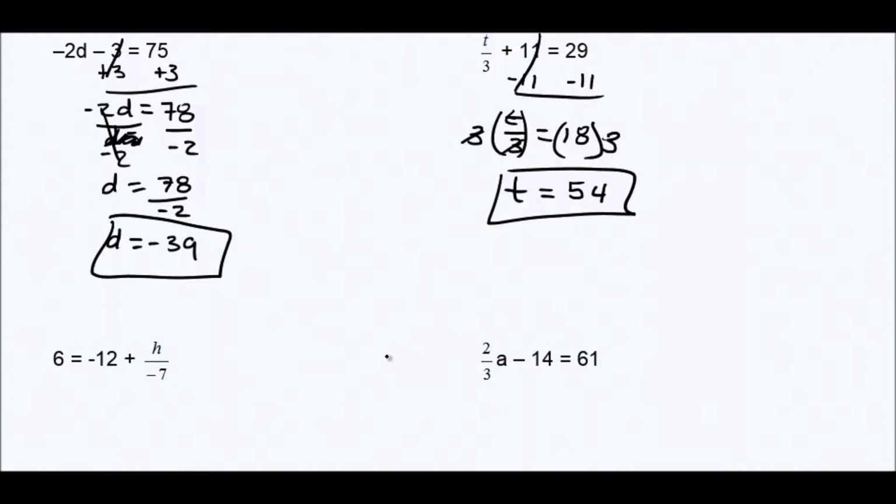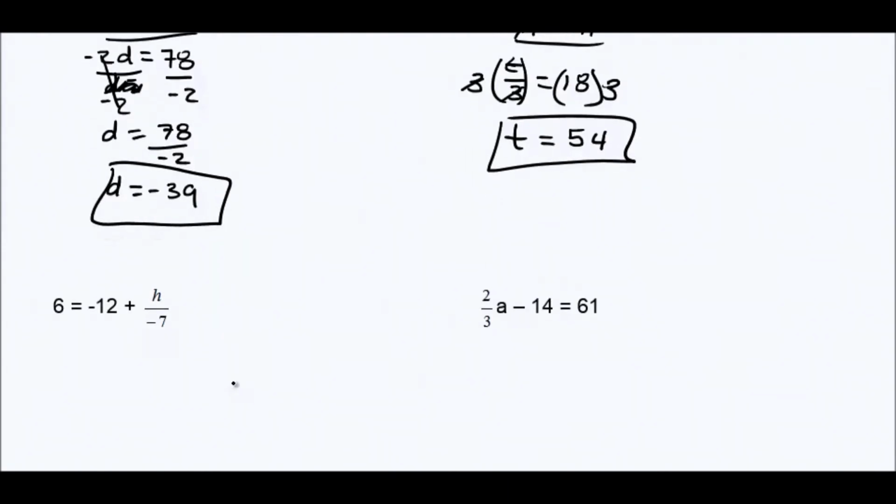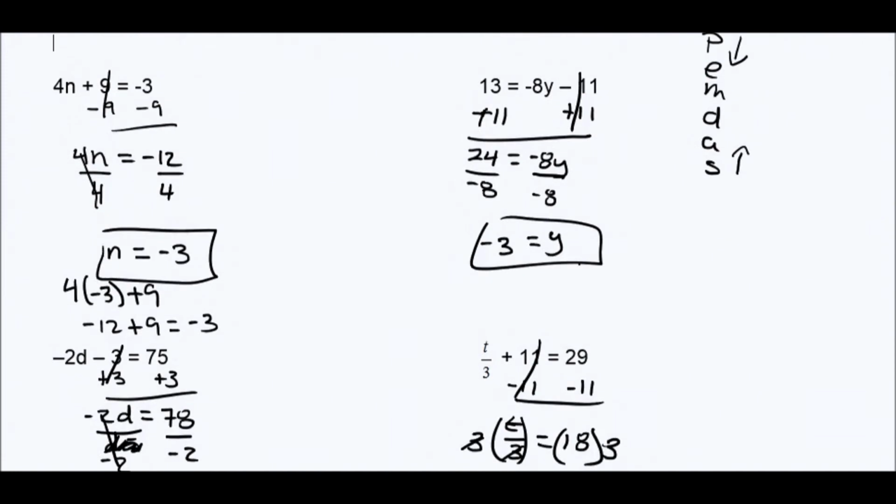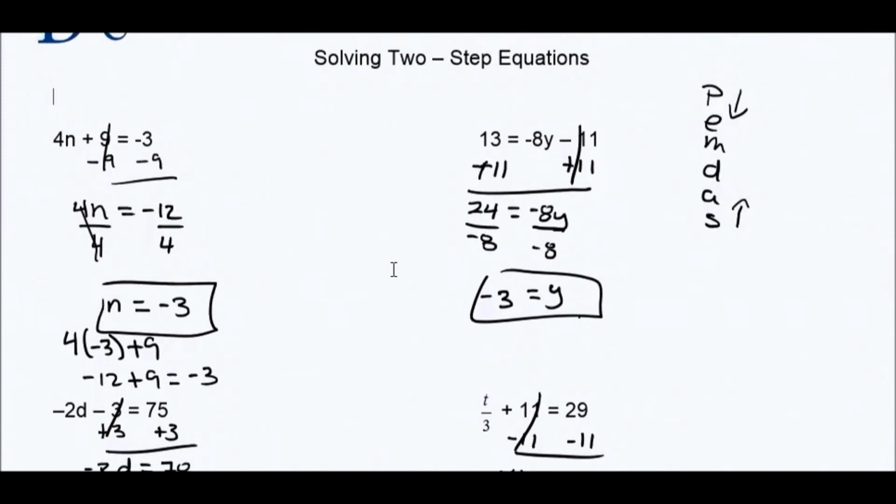Okay, let's go ahead and, well, I guess we could finish these last two problems. Okay, so we have 6 equals -12 plus some number divided by -7. So what I'm going to do is eliminate the -12 first. Remember, you do addition and subtraction before you do multiplication and division.